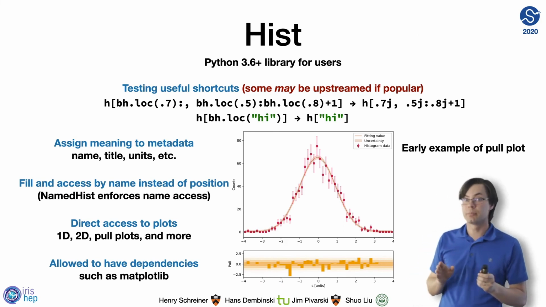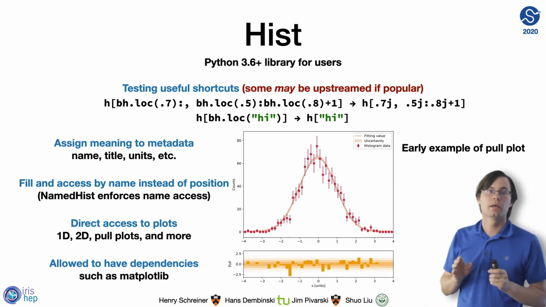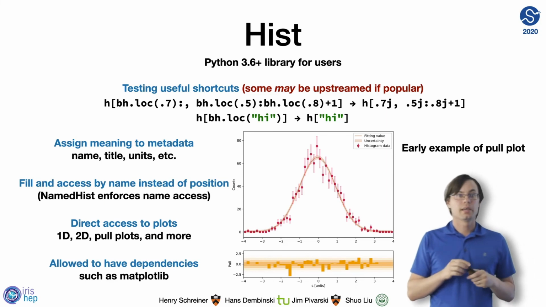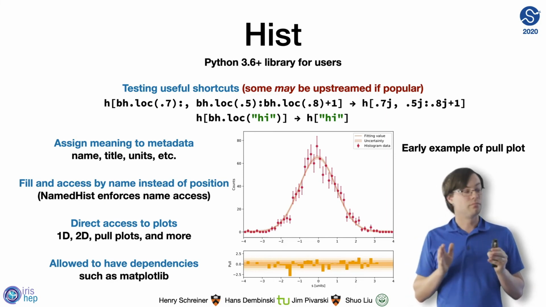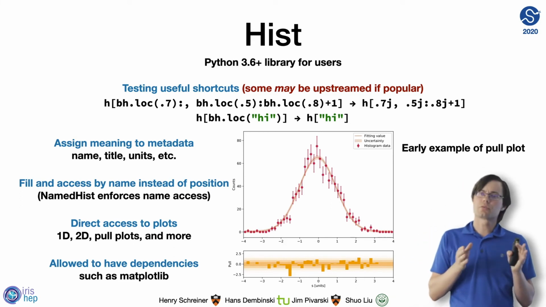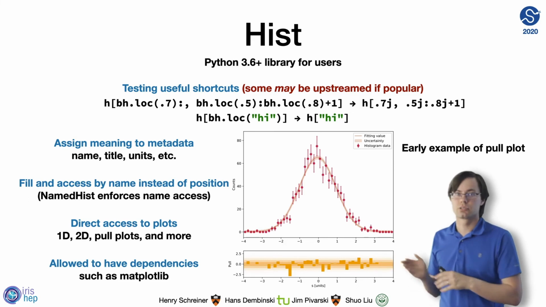Hist is coming this summer. We have a Google Summer of Code student working on this. And it's a Python 3 library that does a variety of things in a more compact and quick way for a command line. If you think of Boost-histogram like NumPy, you should think of Hist like pandas.